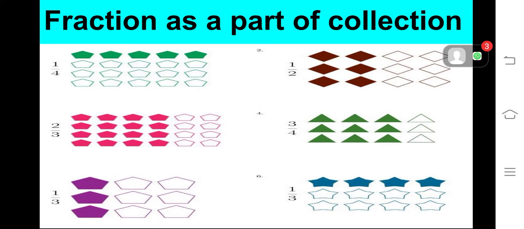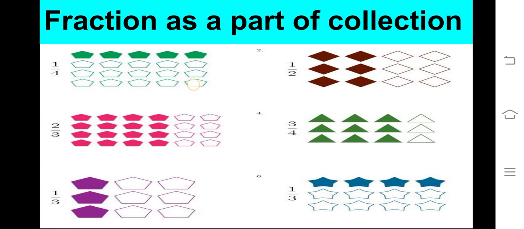Now you look at this figure, children. In the first figure, you have 1 by 4th. That is, this is a collection here. 1, 2, 3, 4, 5, 6, 7, 8, 9, 10, 11, 12, 13, 14, 15, 16, 17, 18, 19, 20.